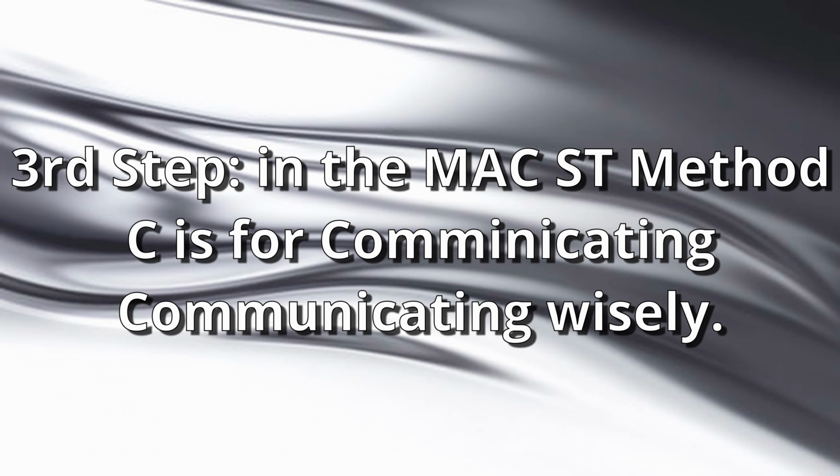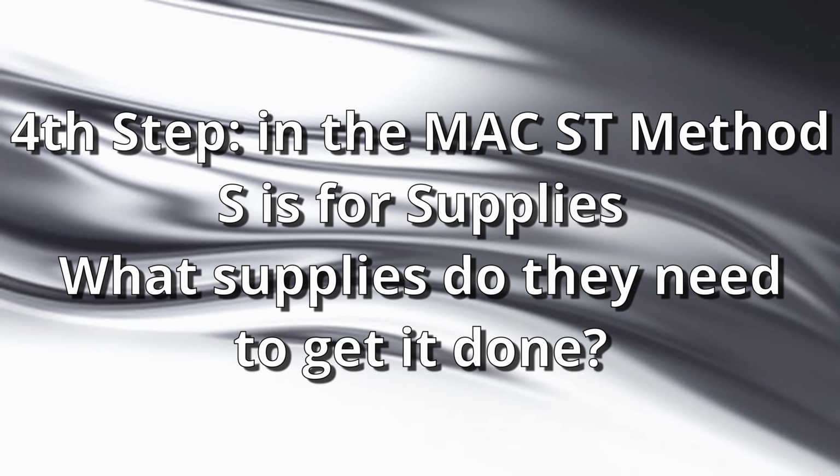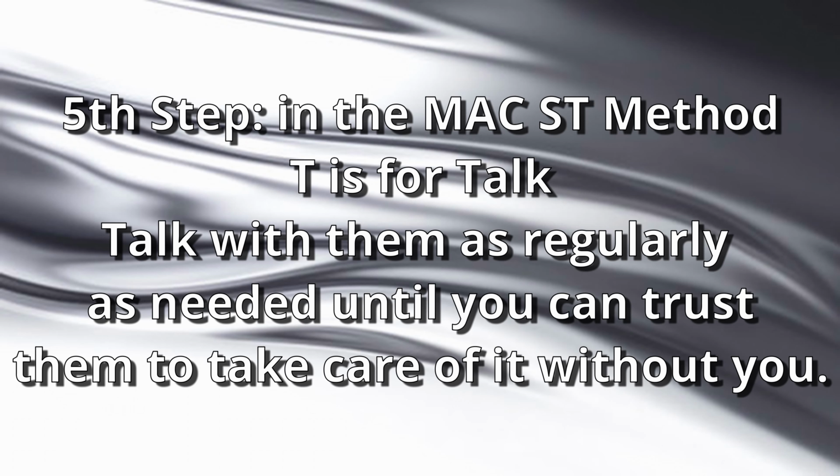The C is communicating, communicating effectively and wisely when you're delegating. The S is for supplies, giving them all the supplies they need to do that project or task well. And the last letter in the MAC ST method is T. T is for talk. Talk with them as regularly as needed until you can trust them to take care of it without you.